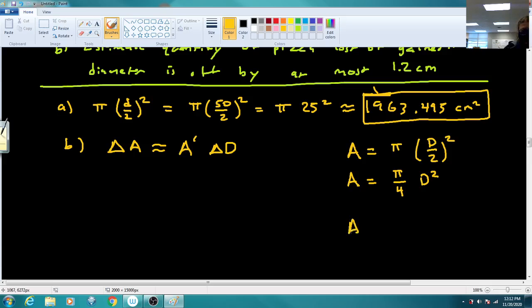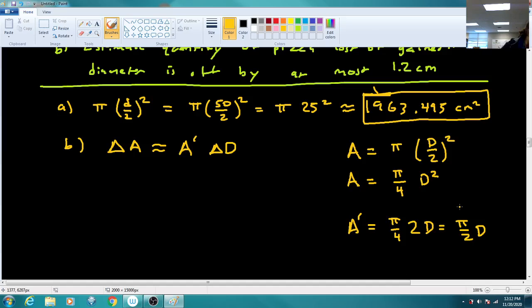So if I want to do area prime, that would be pi over 4 times 2 times the diameter. And this would equal pi over 2 times diameter. So we've got pi over 2 times diameter as our A prime.